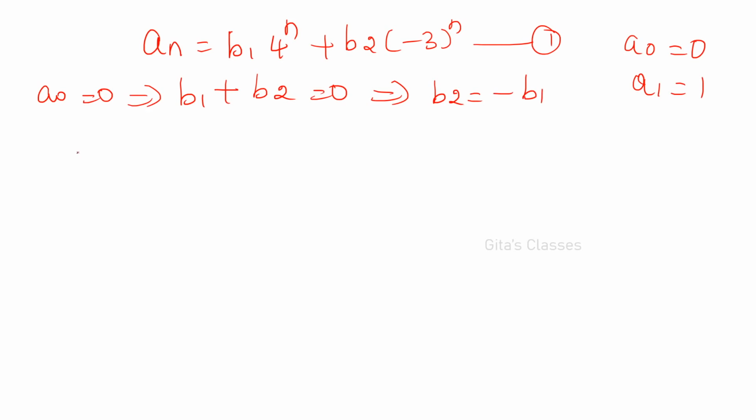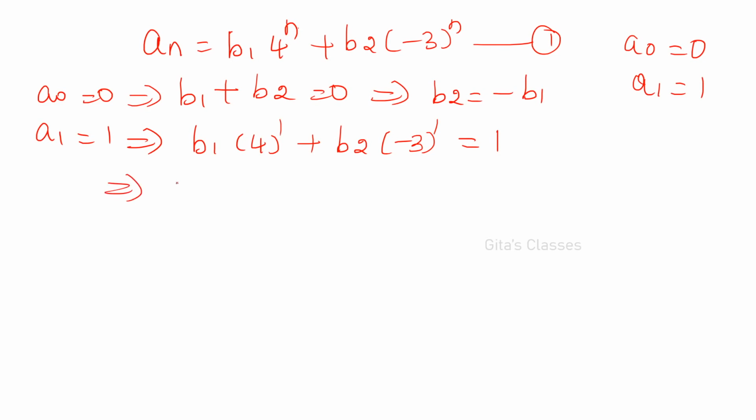From this we are going to apply in the next one. So a1 is equal to 1 given. If you substitute n equal to 1, b1 into 4 power 1 plus b2 into (minus 3) the whole power 1 is equal to a1, which is 1.